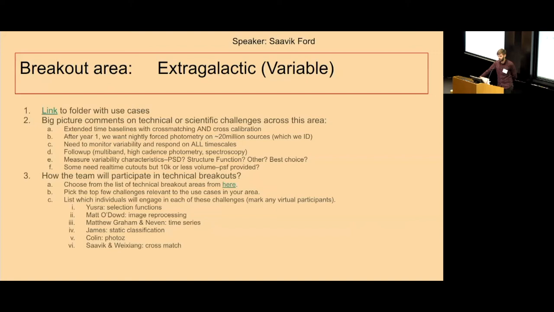After year one, we're going to want nightly forced photometry on 20 million sources. We will ID them. We actually do want to monitor all the AGN, only some subset of which will trigger alerts, but very far from all of them. One of the things that we don't understand about AGN is how they vary.